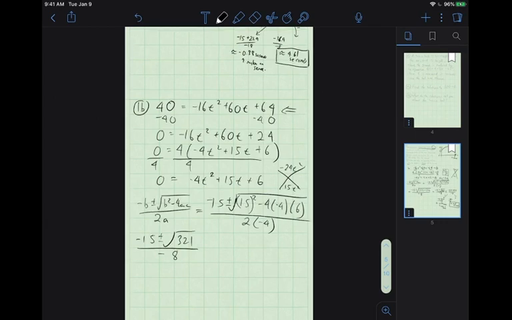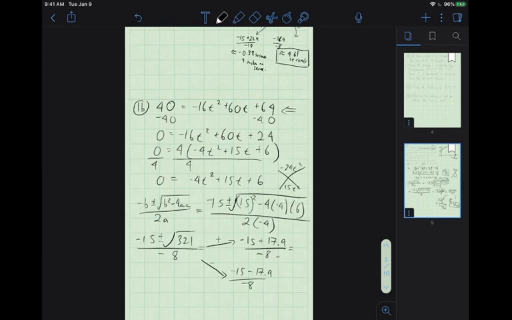Okay, so then we can branch off at this point, plus and minus. Negative 15 plus 17.9-ish, all over negative 8. This one is negative 15 minus 17.9, all over negative 8. So one of our answers is negative 15 plus 17.9 divided by negative 8.